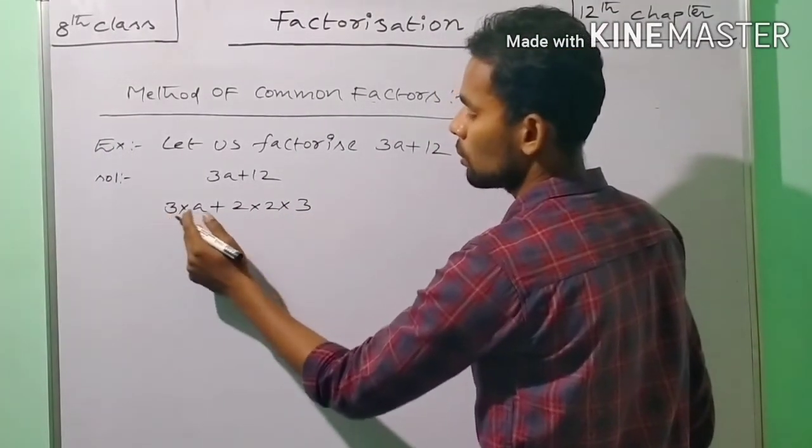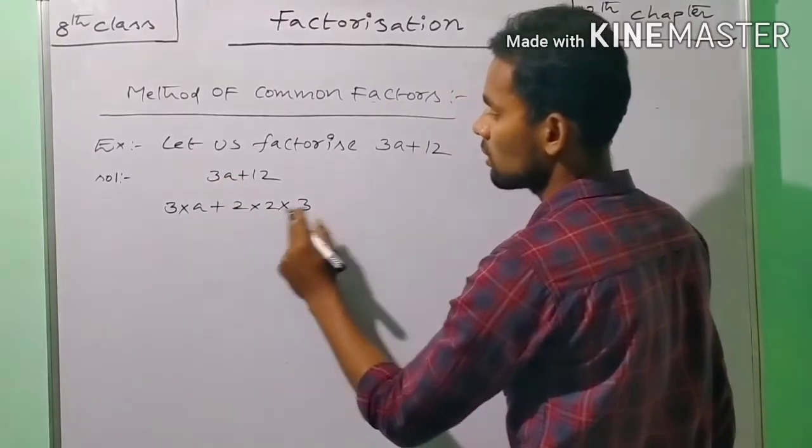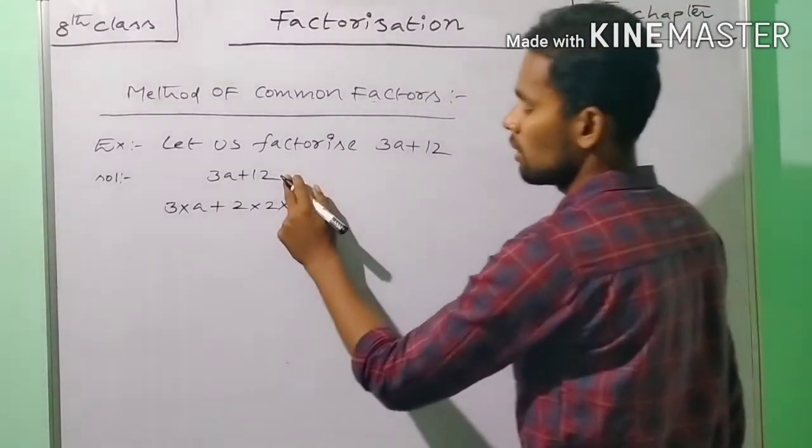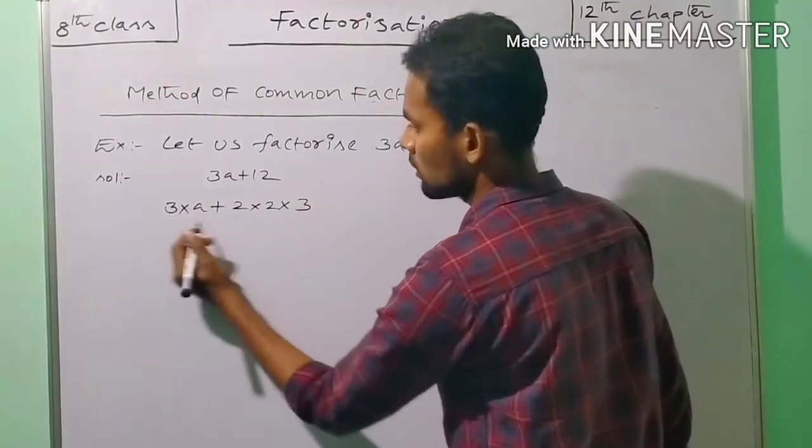3 into a, 3a plus 2 2s are 4, 4 3s are 12. What is the common factor of both terms?